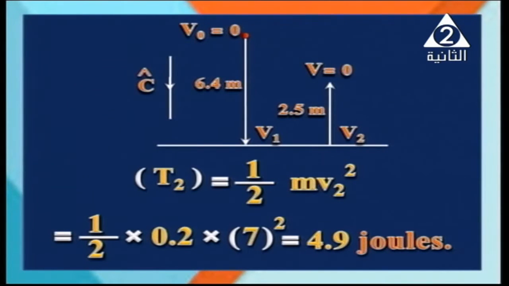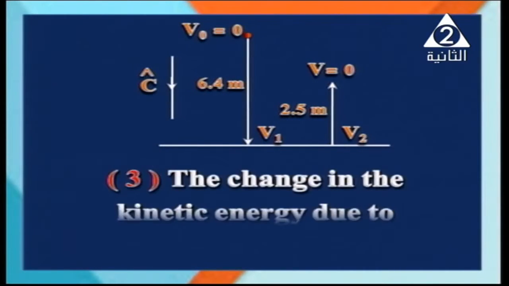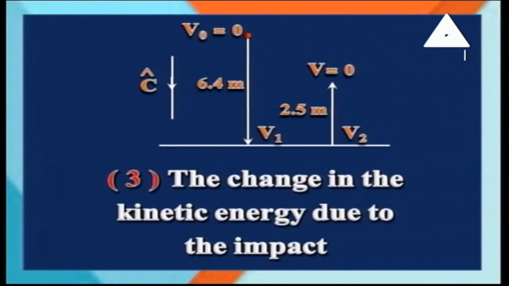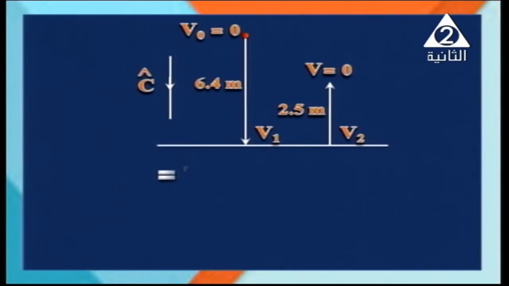My dear student, what is the change in the kinetic energy due to impact? This is a rule. What is the rule? Kinetic energy after impact minus kinetic energy before impact. Look, my dear student, in this case we have two kinetic energies.